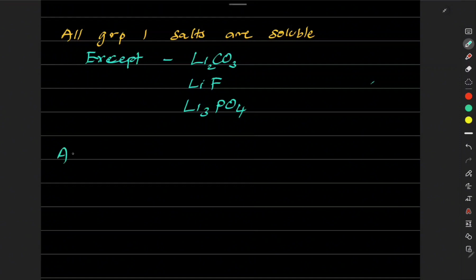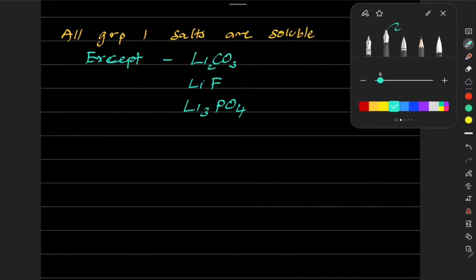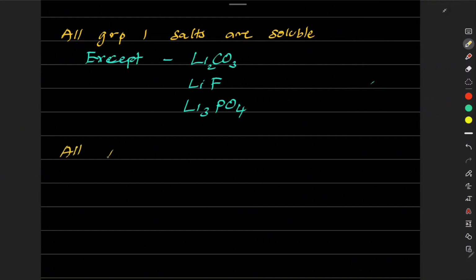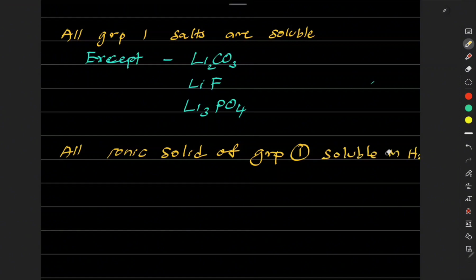For all ionic compounds, let's take this: all ionic solids of group 1 are soluble in water due to negative Gibbs free energy.